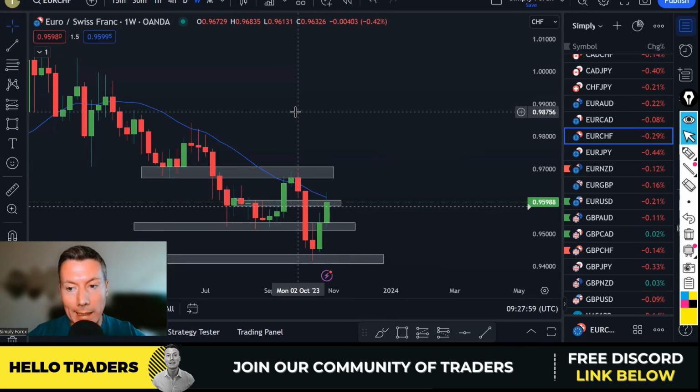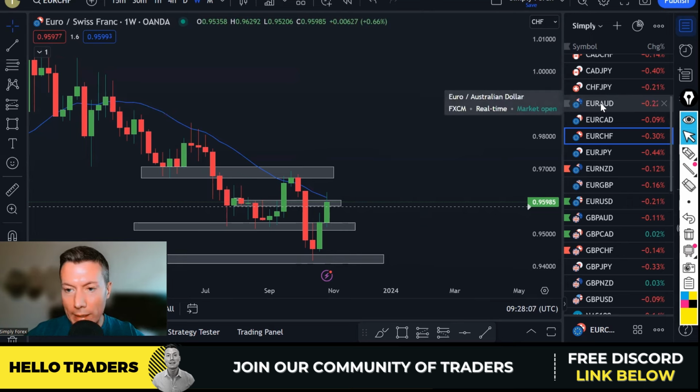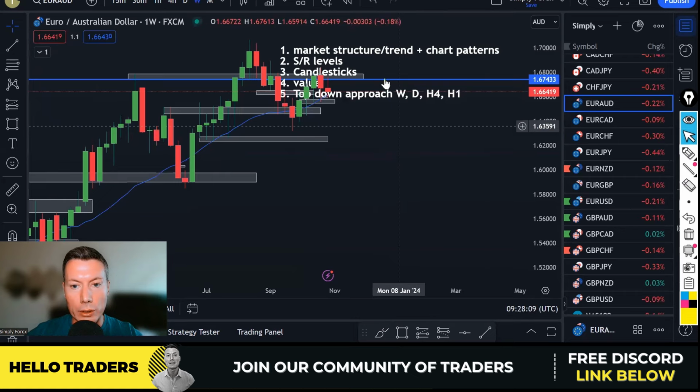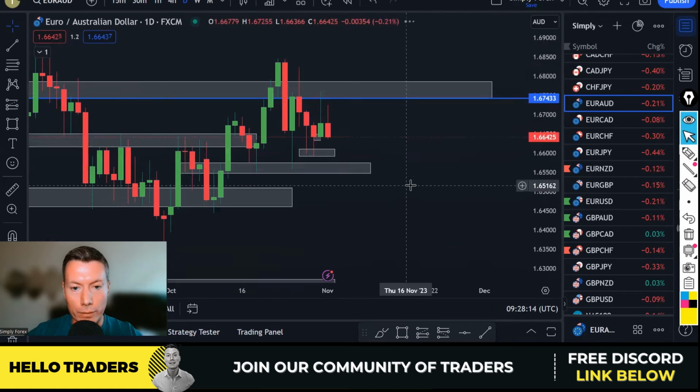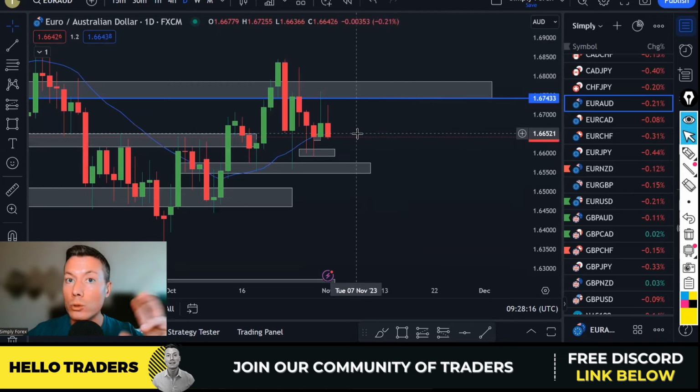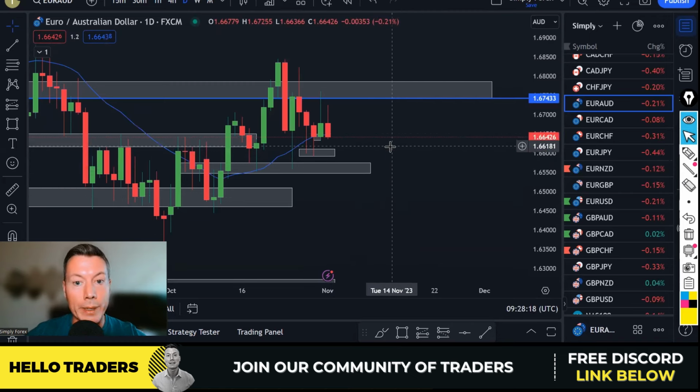Now I've got my list, what do I do next? So a really good currency pair for this, I know this wasn't a trade idea, but I'm going to look at Euro Aussie dollar. I'm going to remove this and I'm going to go back to Friday because this gives us loads of different potential entries and will be a good example to do this. All right, so let's go back in time.